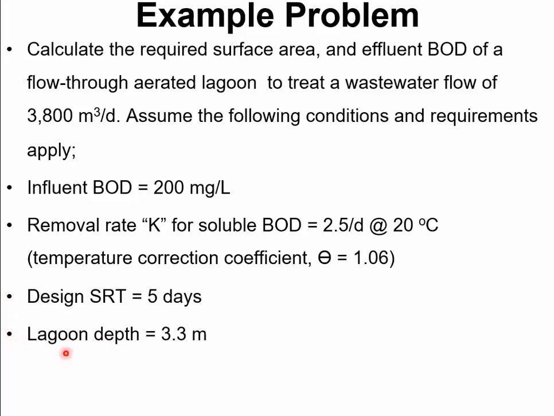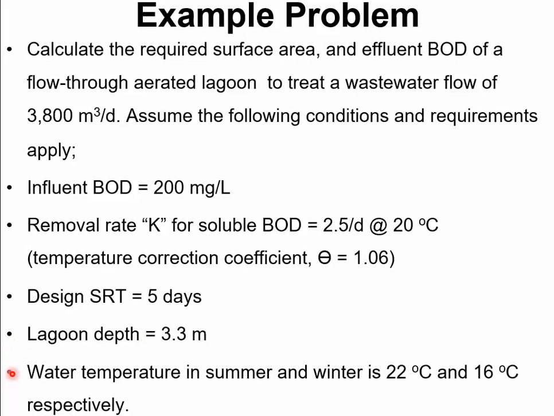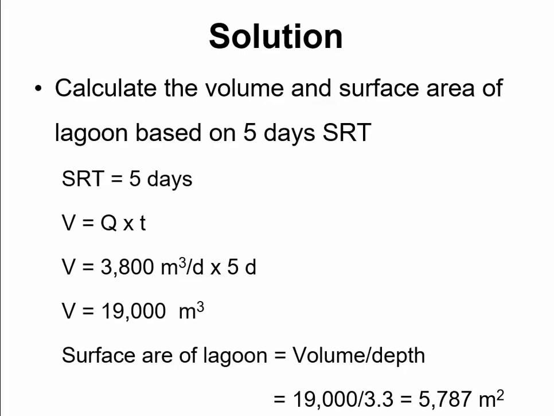Lagoon depth is from 3 to 3.3 meters. Water temperature in summer and winter is 22 degrees Celsius and 16 degrees Celsius respectively. So at first we will determine the volume and surface area of the lagoon based on 5 days sludge retention time.